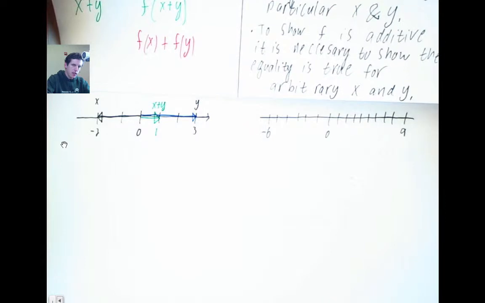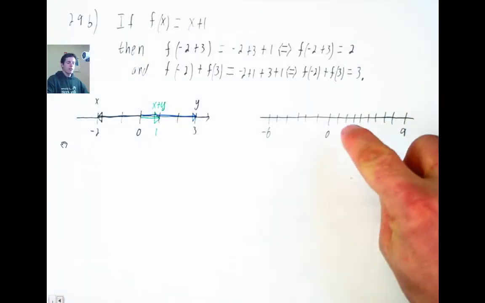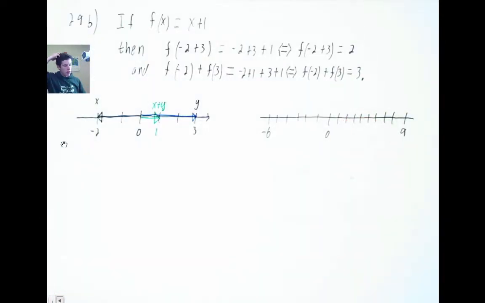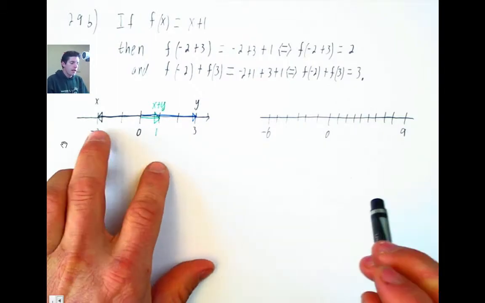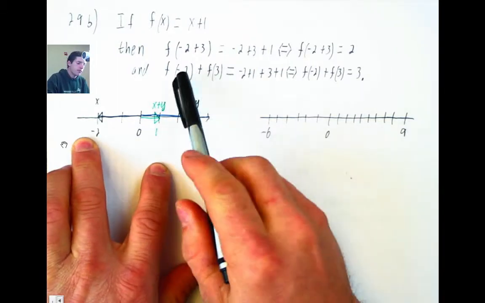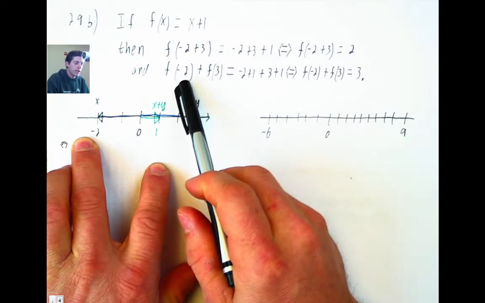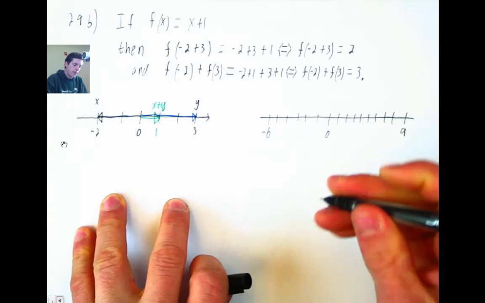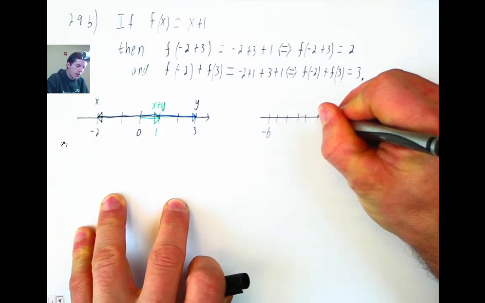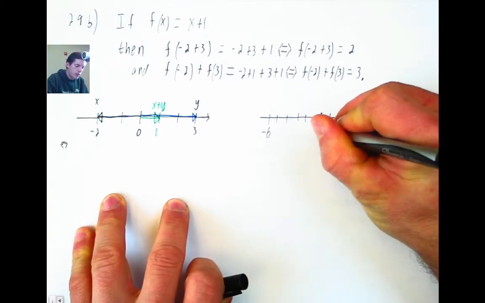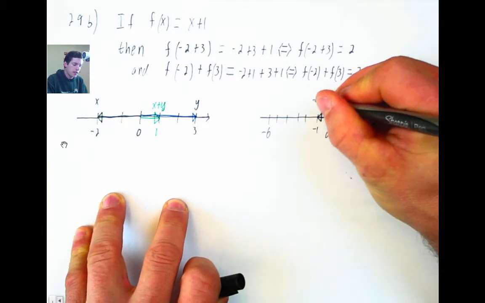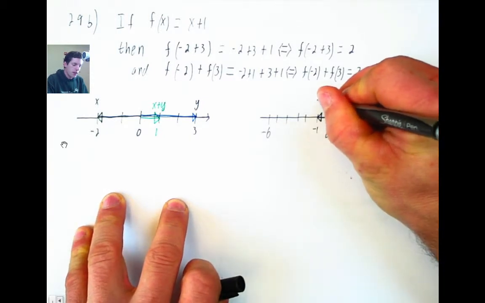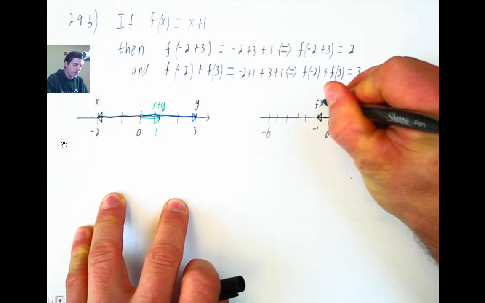And now on the other side, right here, this is the picture in the codomain. I need to draw the thing that x gets taken to. So -2, f turns -2 into -2 plus 1, which is -1. So I'll draw an arrow going out to -1, and that is the thing that I'd call f of x.